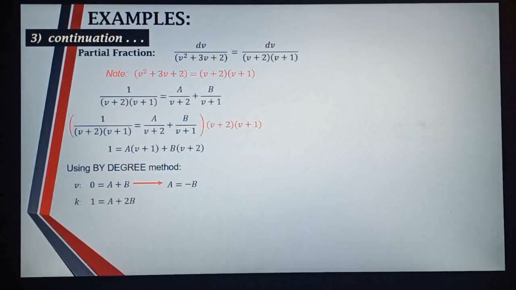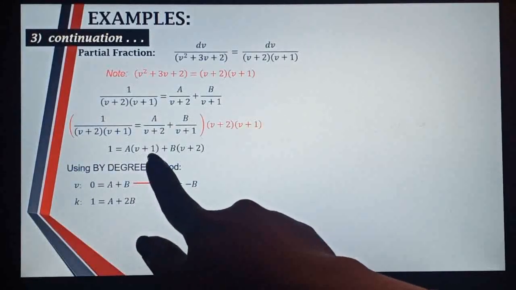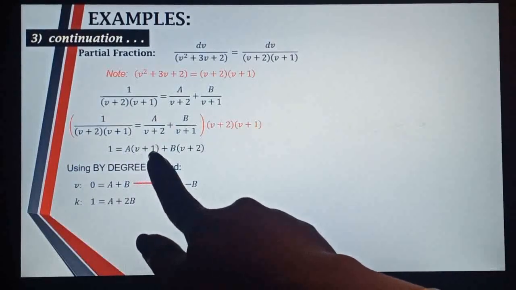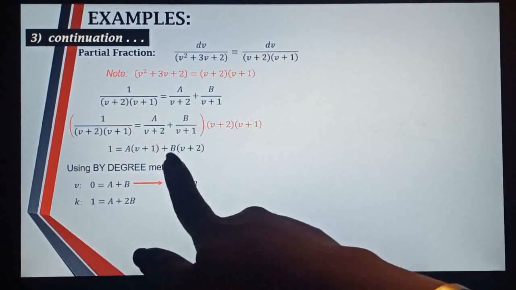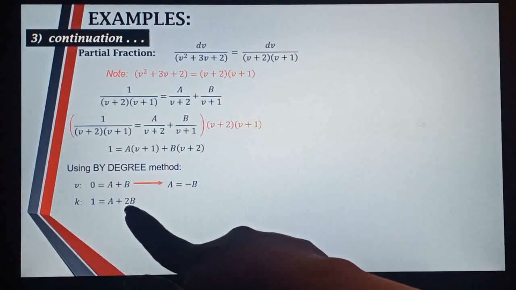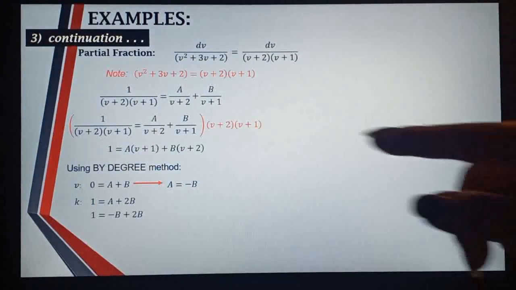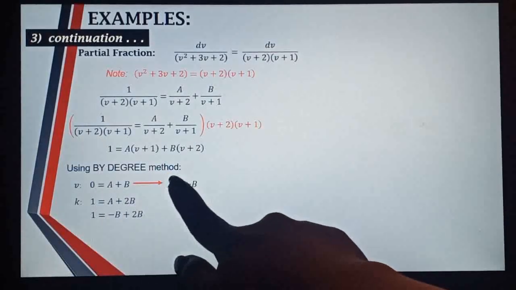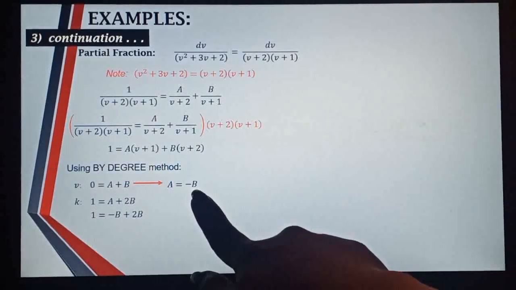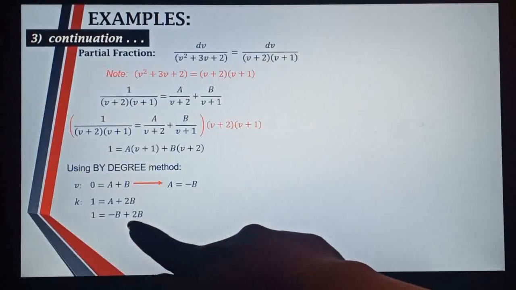Ngayon sa constant, you will have to get the 1. Then yung constant dito, that's a multiplied to 1, so that's 1. Then yung constant dito, that's 2 multiplied to b, that's 2b. So plus. So you need to substitute this equation wherein a is equal to negative b. So you will have 1 equals negative b plus 2b.